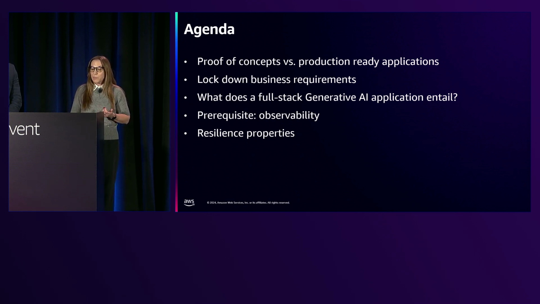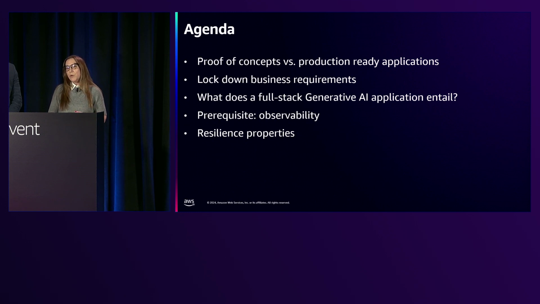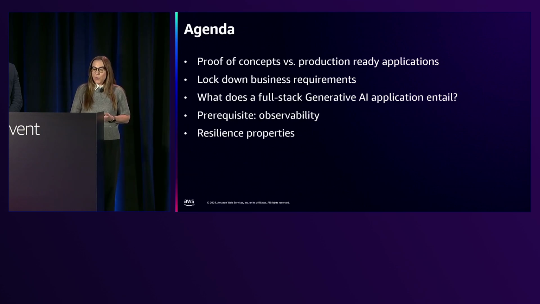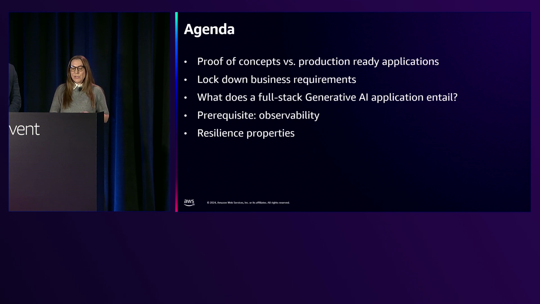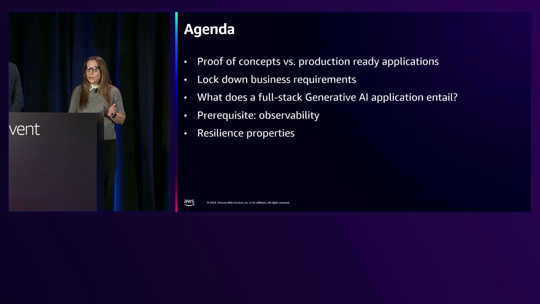We're then going to explore what a full-stack Gen AI application really entails, and we're going to unpack the various tiers and layers. And before we jump into the resilience properties, we're going to discuss the prerequisite of observability. Because after all, if you can't measure something, then how can you actually improve it? With that foundation, we'll review the resilience properties that any resilient workload should possess.